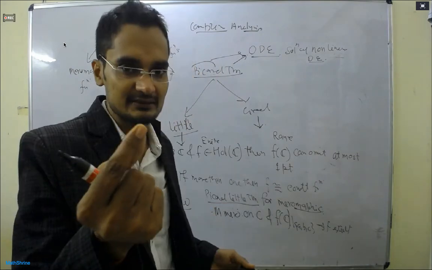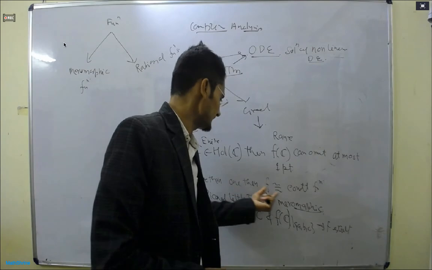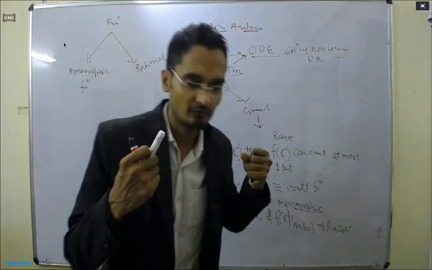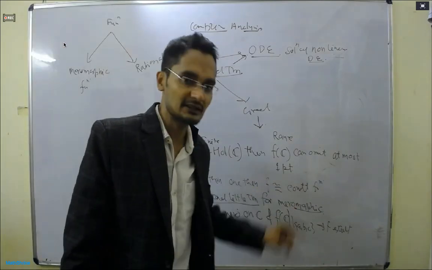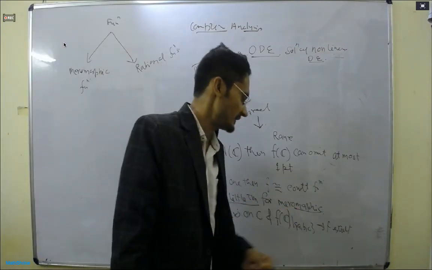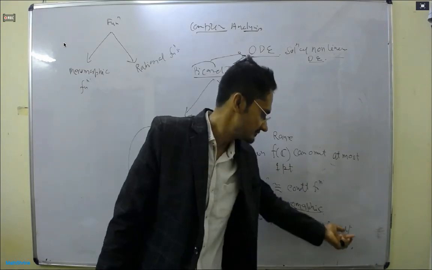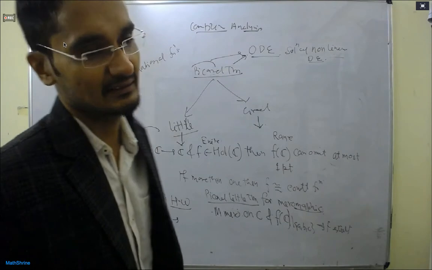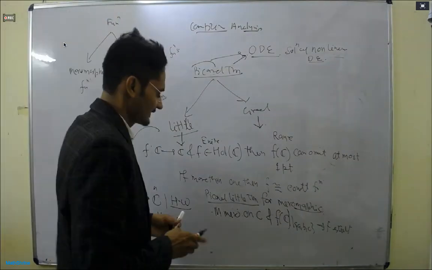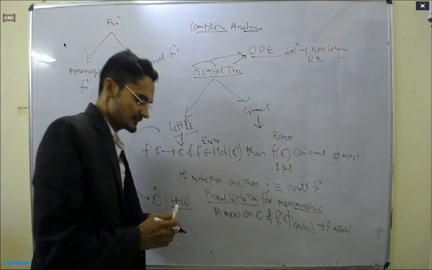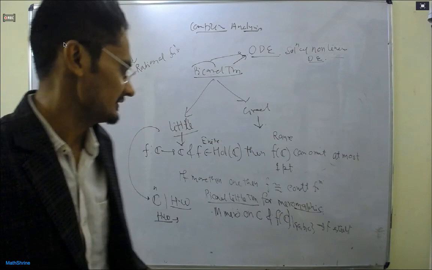For an entire function omitting 2 points, f is forced to be a constant function, but for a meromorphic function, if it omits 3 points, then f will be a constant function. Sorry, I missed the line. Again, if a meromorphic function omits 3 points, it will be constant. If an entire function omits 2 points, it will be a constant function.